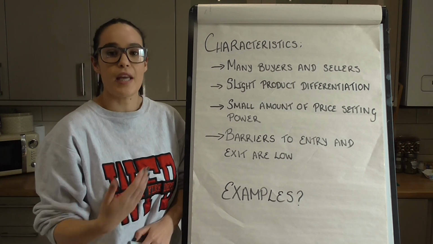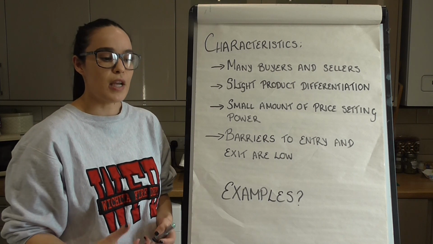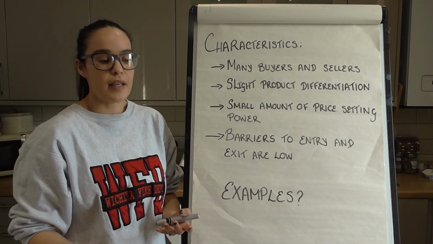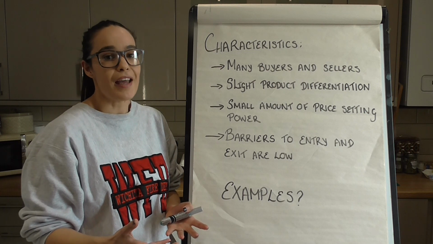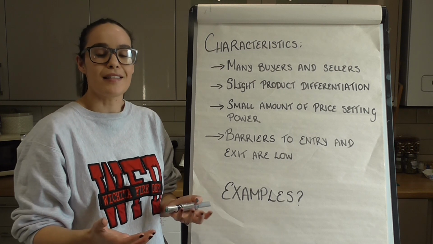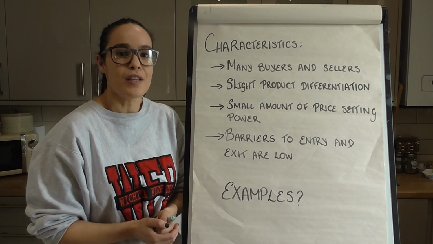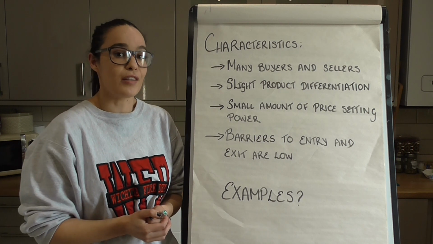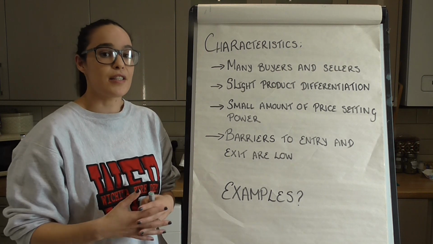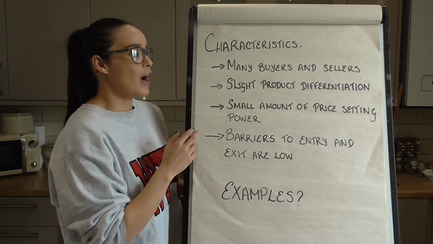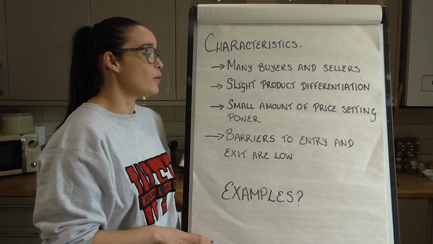And also location might be one of those things that differentiates products as well. Things like a meal somewhere, if you're in the centre of Paris, might be a very different price for that croissant compared to somewhere rural in France. So location can differentiate products, and actually we'll have a look at that when we come up with some examples.